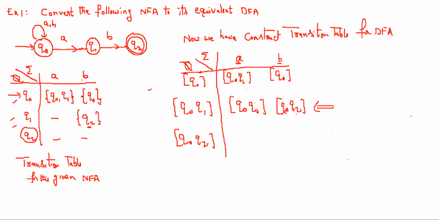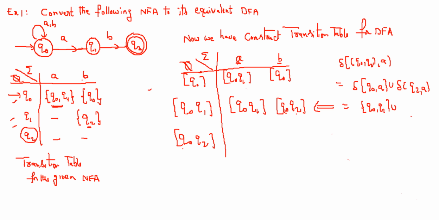Now we will see what happens if you apply A on Q0 Q2. So again you have to write like this: delta of Q0 Q2 comma A is equal to delta of Q0 comma A union delta of Q2 comma A. Now, if you apply A on Q0, you are going to Q0 Q1, union.